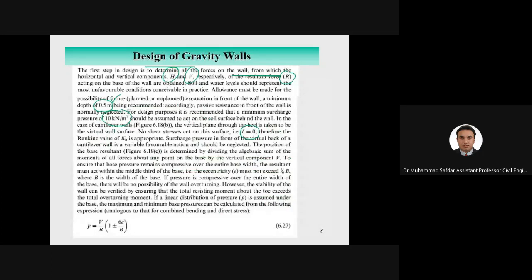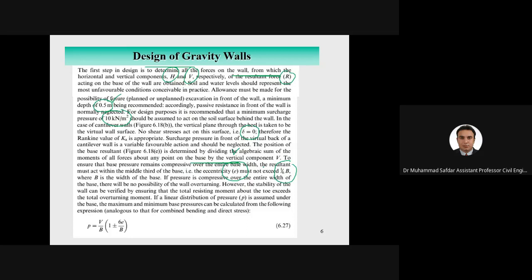Now we will also find the eccentricity, and we will discuss it when we solve these problems. It should not exceed B by 6, as we already discussed a little bit, otherwise tension will occur in the soil.